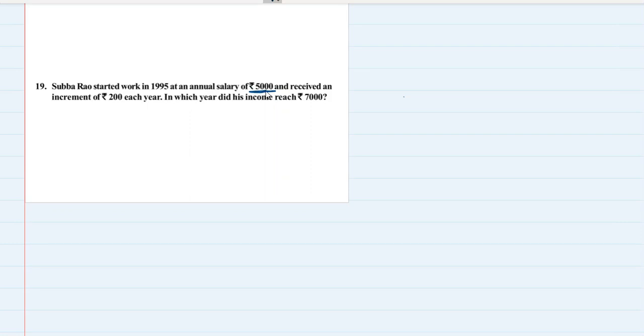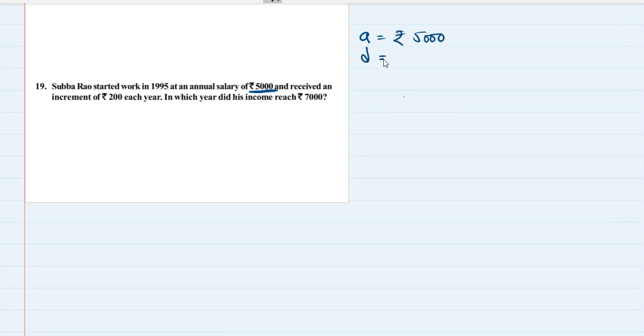This could be the case of 1960, because such a low annual salary is very rare or impossible nowadays. People cannot even survive for like 10 days if they have 5,000, maybe not even a month. Okay, so the first term over here is rupees 5,000.